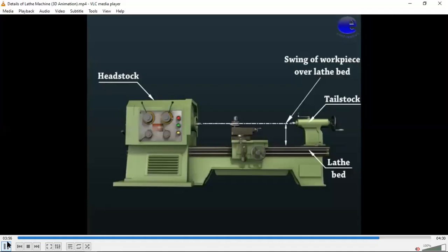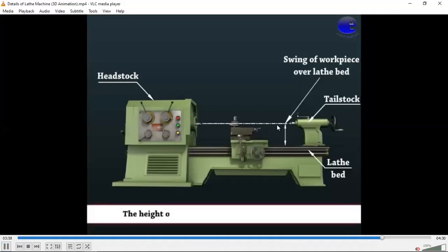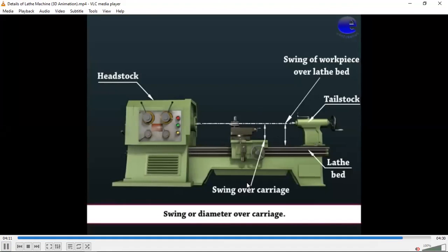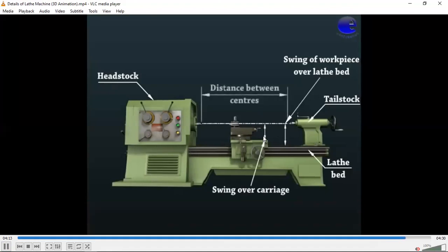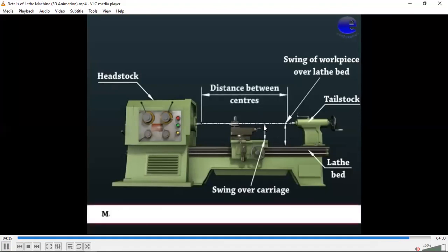So if you look at this, this is the swing diameter, measured from the lathe bed. So it is the height of the centers. It is also called the height of the centers, which is the swing diameter over the lathe bed, and swing diameter over the carriage is measured from the cross slide. And also the distance between the centers.